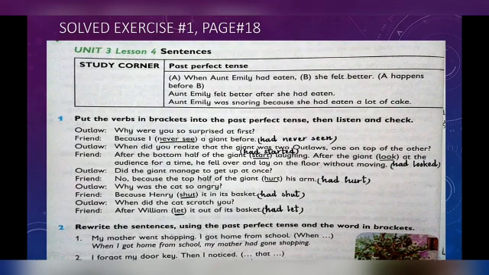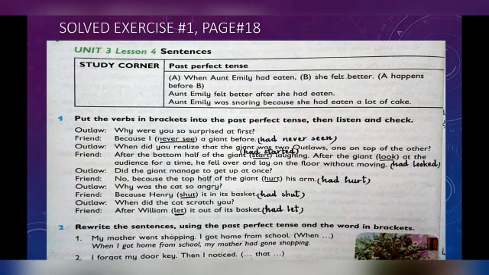You will put the helping verb had and change start into its third form, which is started. So you will write: when one half of the giant had started laughing. After the giant had looked at the audience for a time, he fell over and lay on the floor without moving.